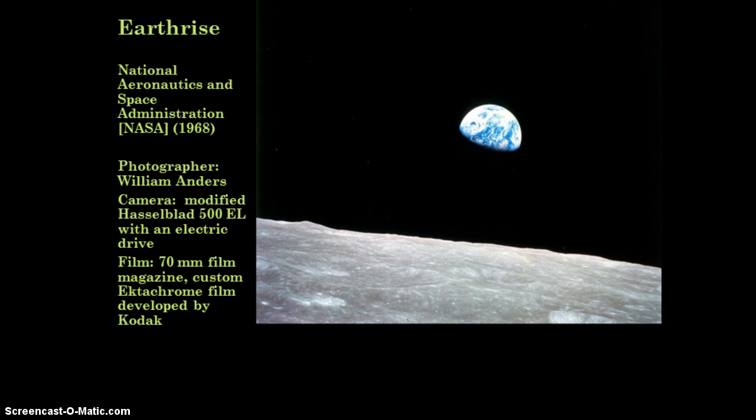The image is credited to the National Aeronautics and Space Administration, NASA, and was captured using a modified Hasselblad 500 EL camera by astronaut William Anders on December 24, 1968.